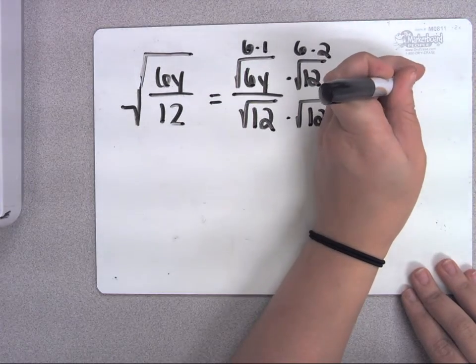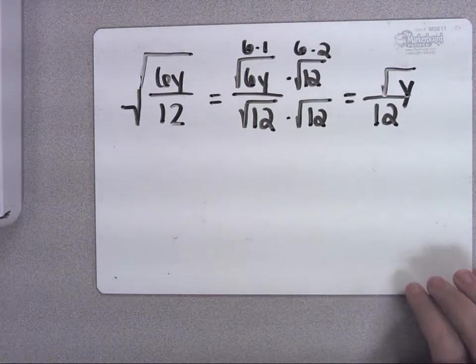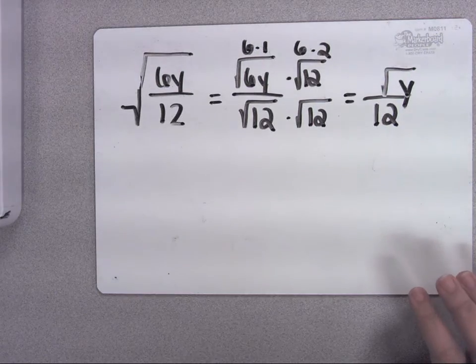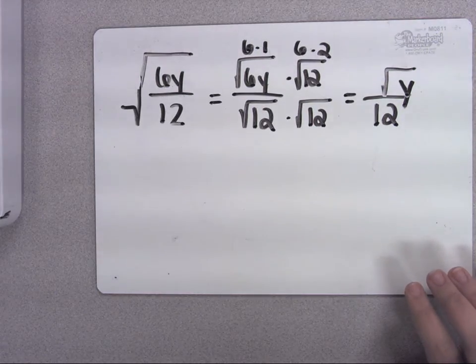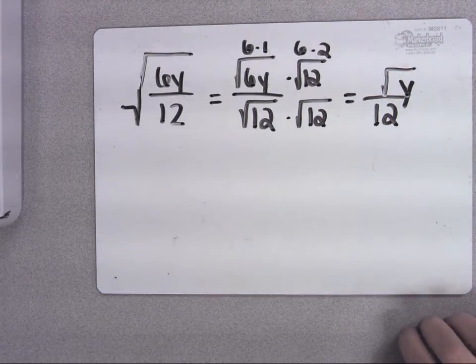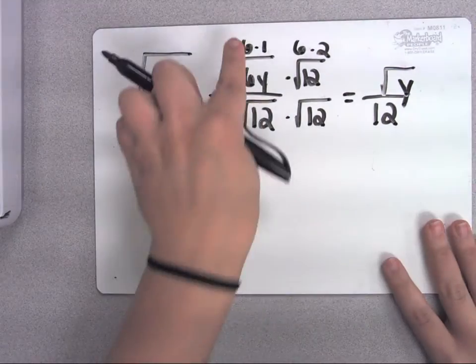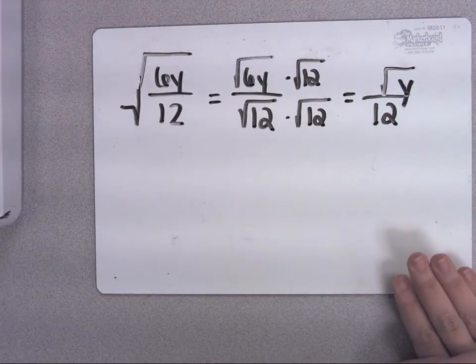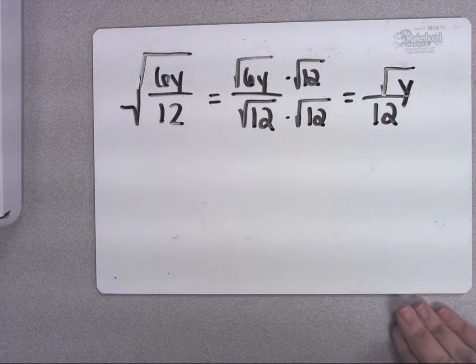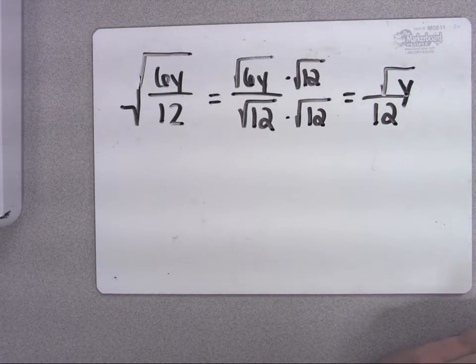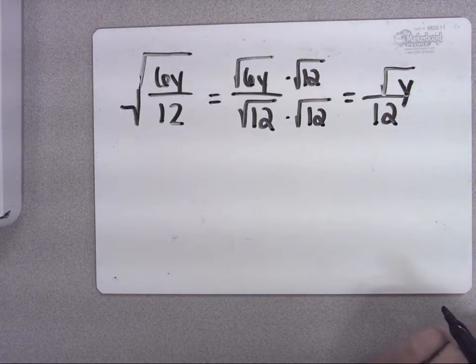Y is underneath the radical. Don't be confused by this. What is the simplified answer after you multiply and reduce that radical on the top?